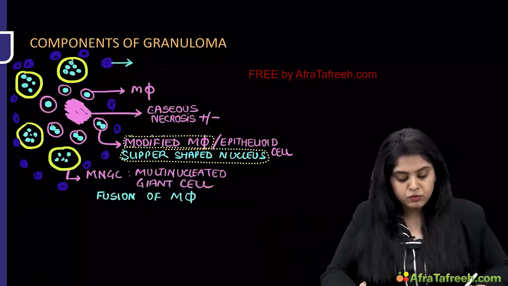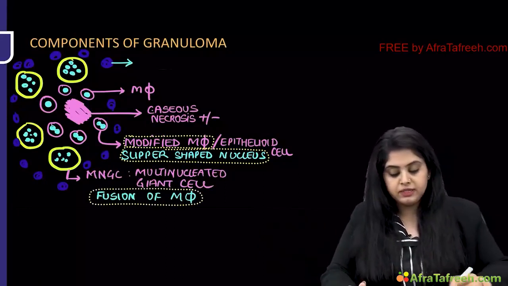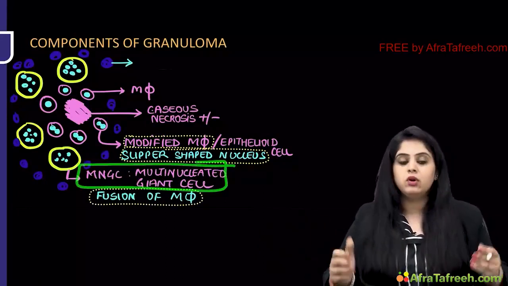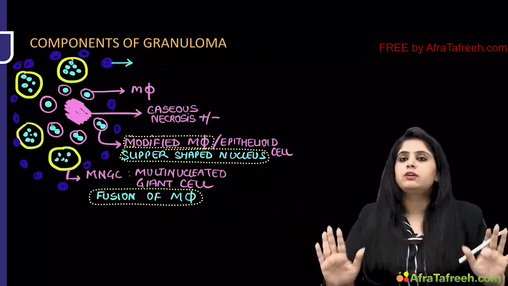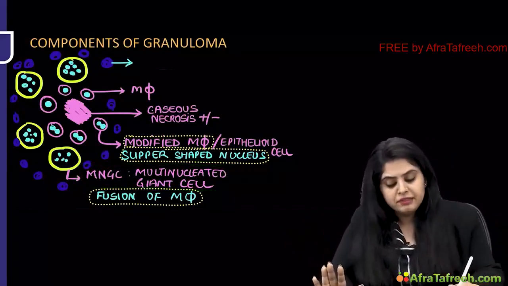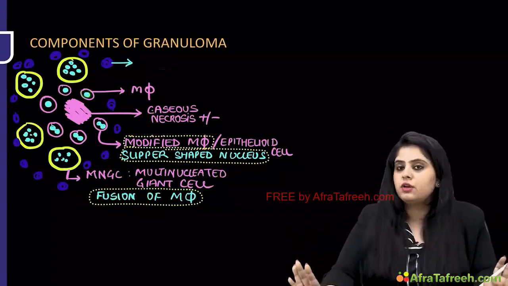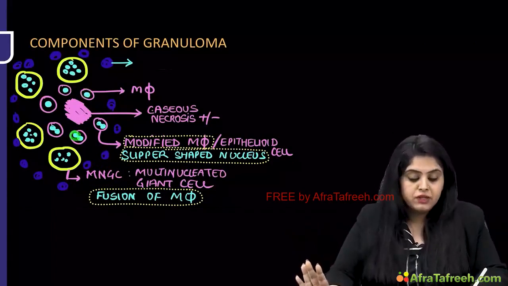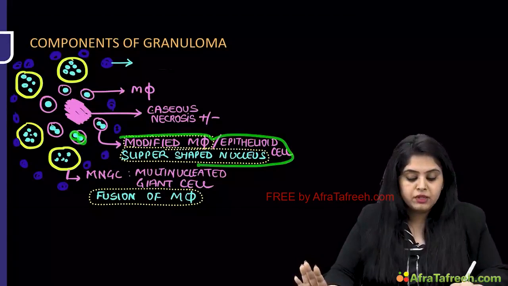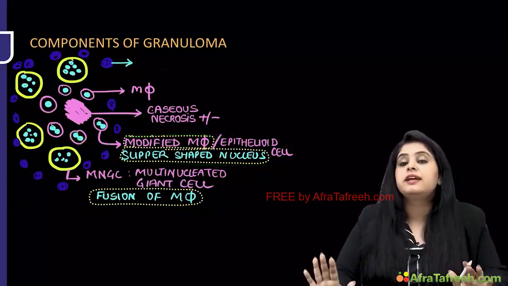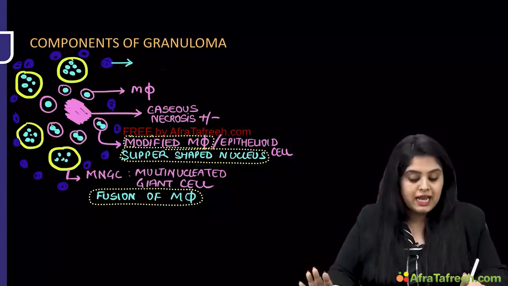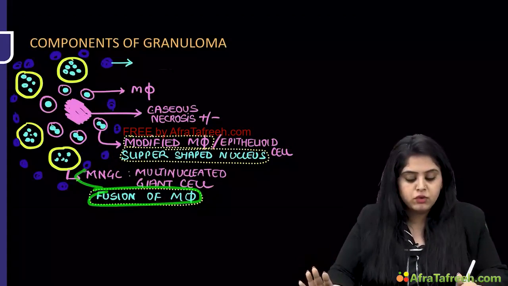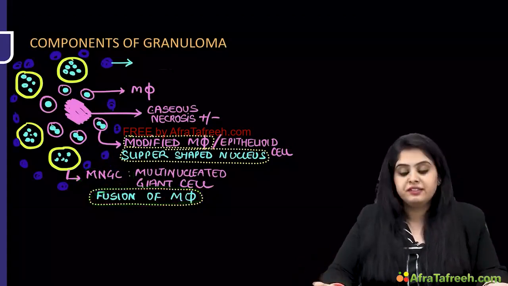If there is fusion of macrophages, I will call it a multinucleated giant cell. So now the macrophage story is sorted. A simple round macrophage, call it just macrophage. If it gets elongated like this, you call it an epithelioid cell or slipper shaped cell, that is a modified macrophage. And if all the macrophages fuse, then you call it a multinucleated giant cell.